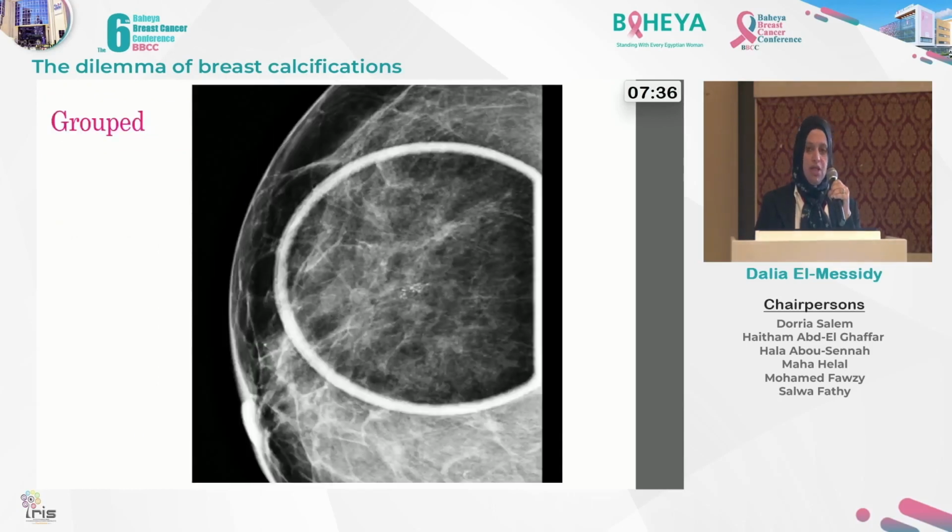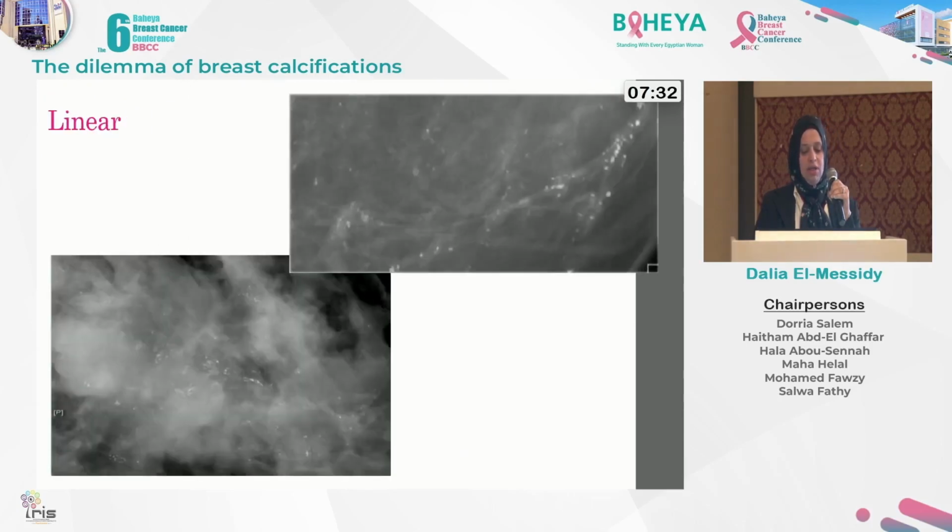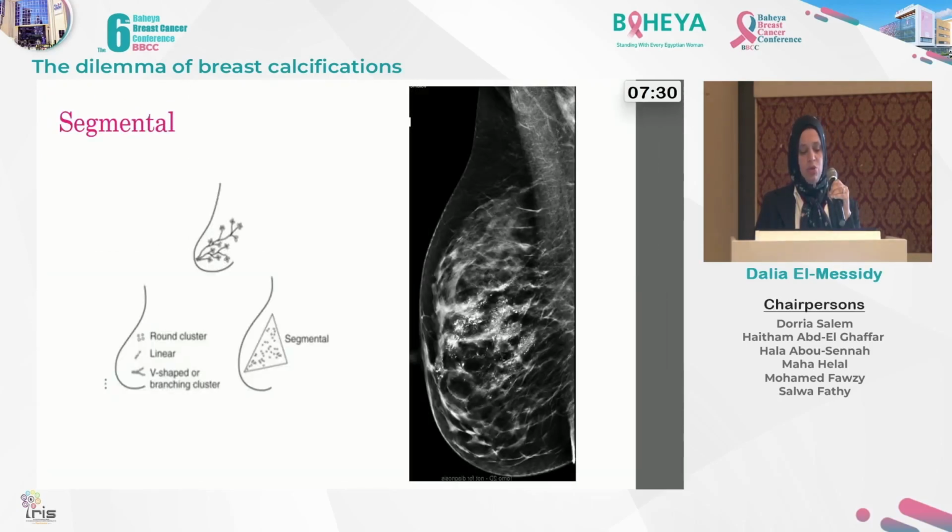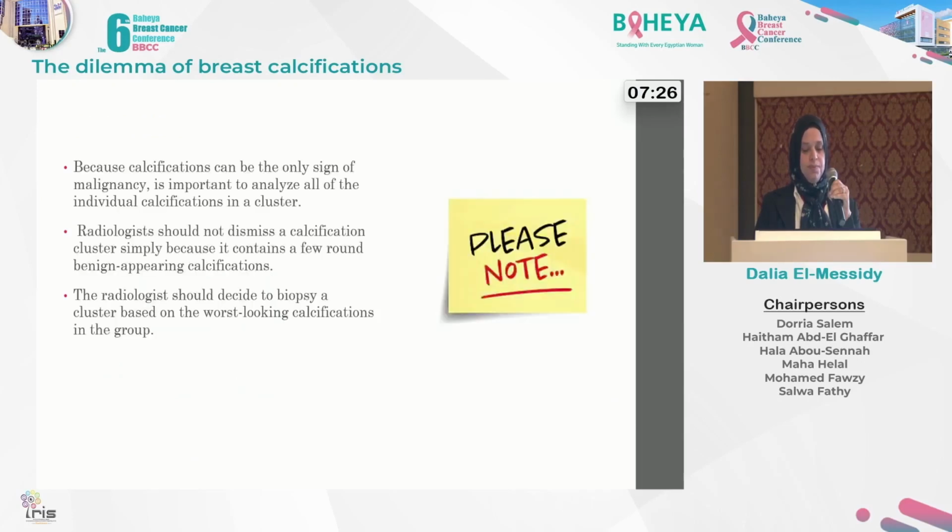Suspicious calcification has to have a distribution being grouped or linear or segmental distribution following ductal branching. It's of note that because calcification can be the only sign of malignancy, it's important to analyze all the individual calcifications in the cluster.